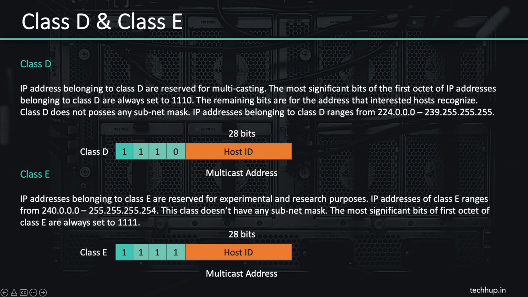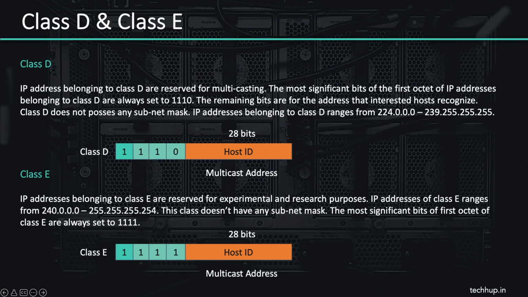Now, this is all about Class D IP addresses, and in addition to that, we have Class E. Class E is a set of reserved IP addresses which are used for experimental and research purposes. The IP addresses in Class E range from 240.0.0.0 to 255.255.255.254, and this class again doesn't have any subnet mask.